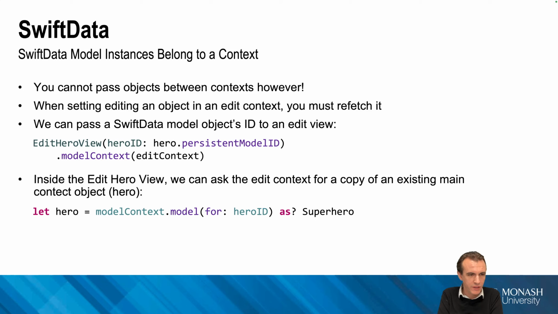We would pass that to the edit hero view. We would also set a model context equal to one of these new edit contexts. And then inside our editing view, we can ask the edit context to fetch a copy of that object. And we do that by giving the hero ID.